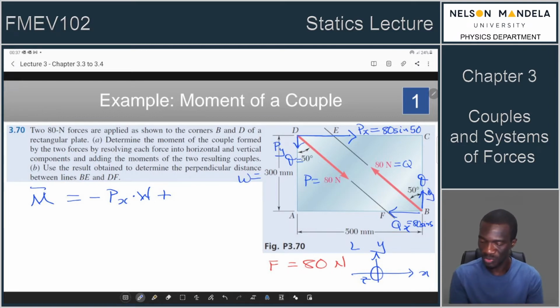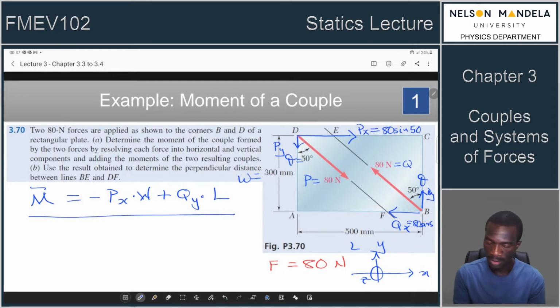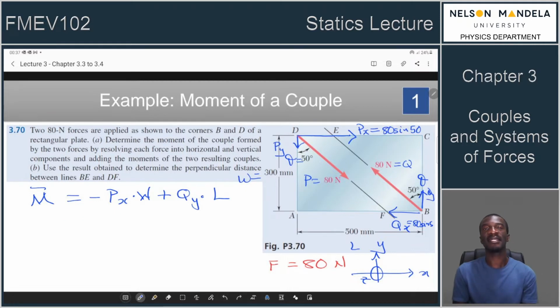We will just take, let's say, Qy multiplied by a distance. You can see that the Qy is there and the Py is there, and the distance is the length. So in the end, you now have your total moment by considering the horizontal and vertical components of each of the forces.